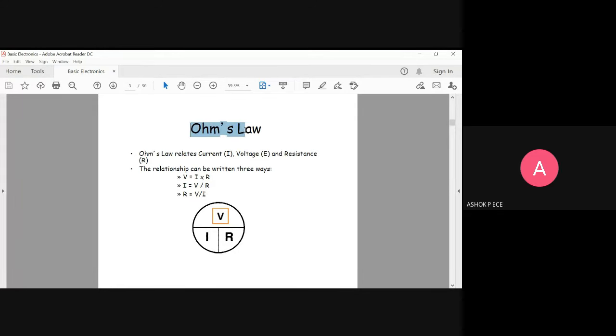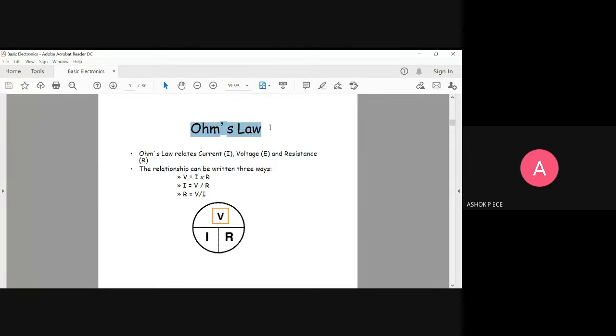Ohm's law laid the foundation for circuits. Once Ohm's law was discovered, it helped in finding the voltage across a device and the current through a device. That made things very simple, and you can understand the circuit better if you know everything in terms of voltage and current.